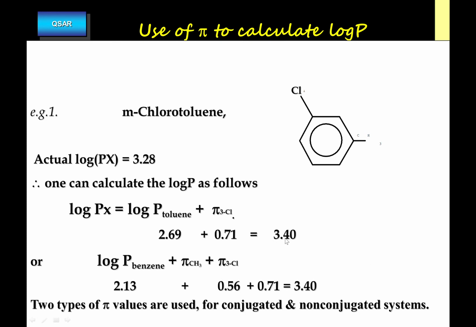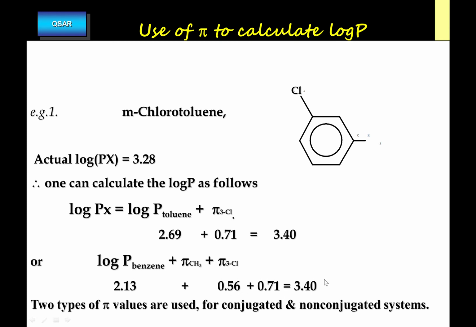Okay. A positive value of pi means it is a lipophilic substituent, and negative is a hydrophilic substituent, like nitro will have a negative pi value. Or otherwise, if you still want to simplify, you just take the benzene log P, and if you have available values of 3-chloro, you are already having 0.71, and if you get for methyl 0.56, again it comes the same.